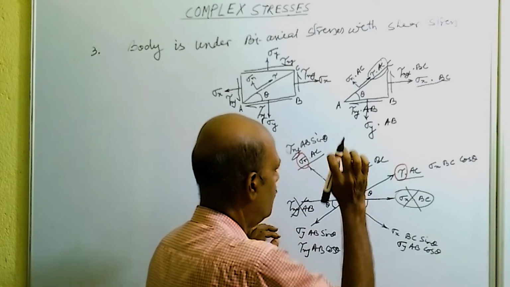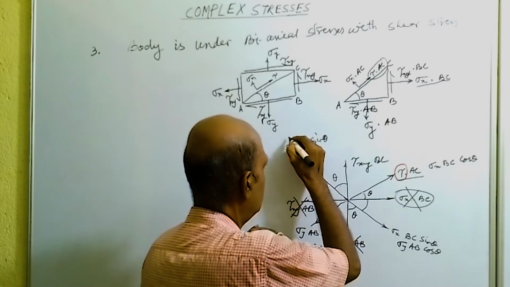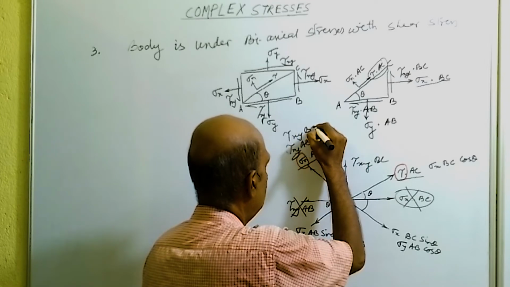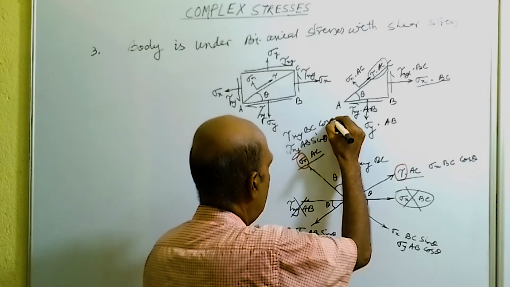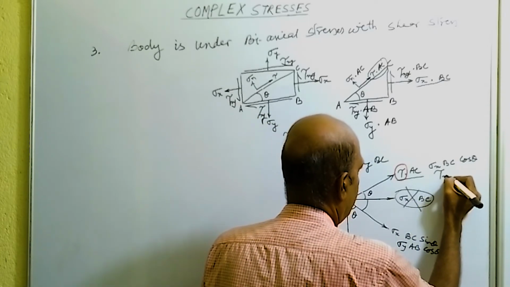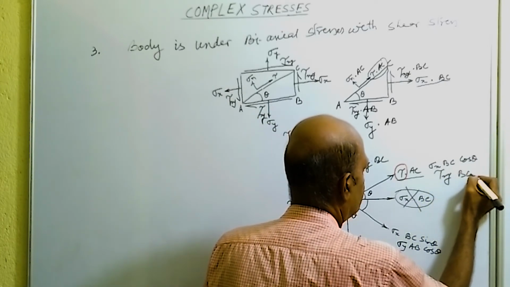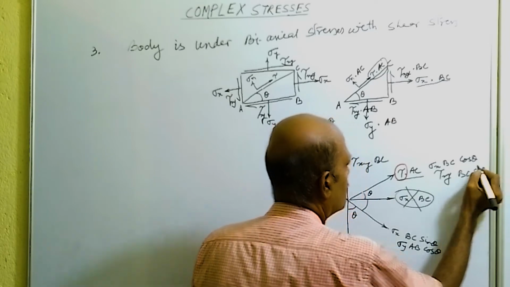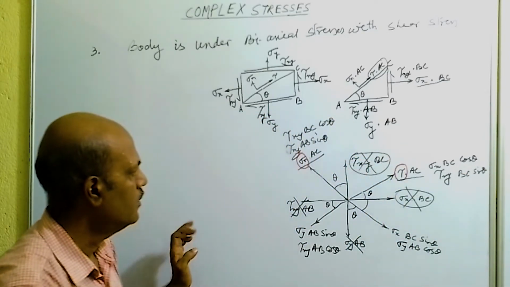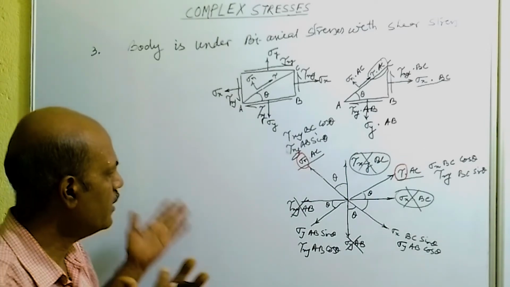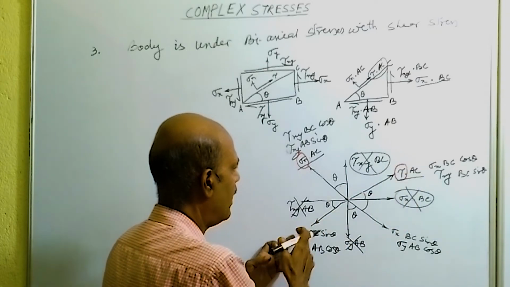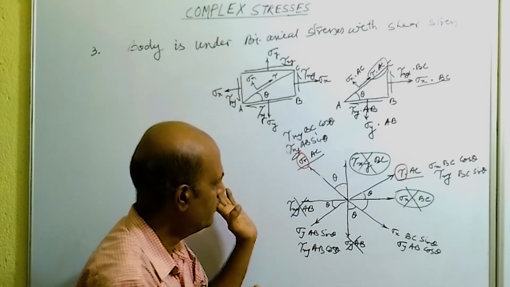Now we are left with this force, tau xy BC. In this direction it will be tau xy BC cos theta, and along this direction it will be tau xy BC sin theta. This force is already resolved, so we are cancelling it. Now you can see the forces are present along this line as well as along this line.